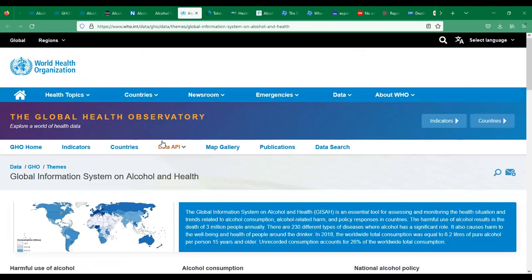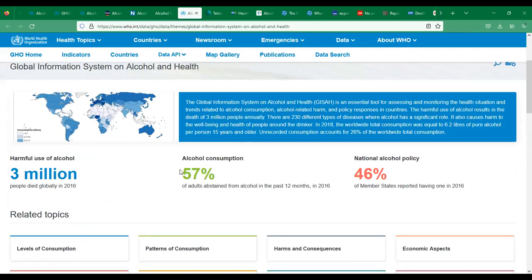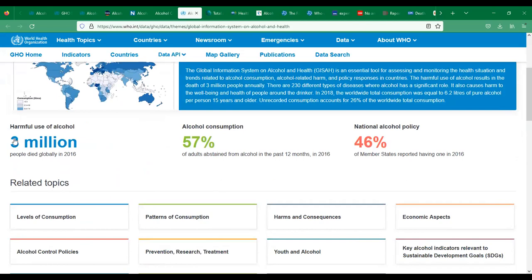We have the World Health Organization Global Information System on Alcohol and Health. Harmful use of alcohol: 3 million people died globally in 2016. Regarding alcohol consumption, 57% of adults abstained from alcohol in the past 12 months.